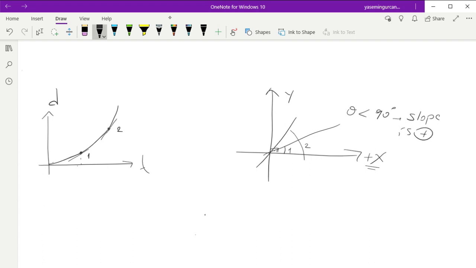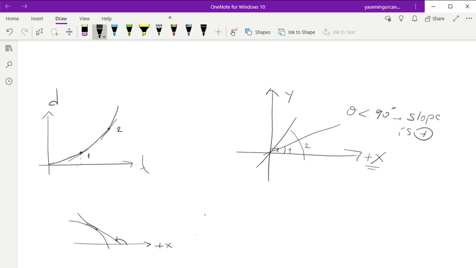If you had a different kind of curvature, something like this, for example, if I draw a tangential line, this one, and draw the x-axis over here, you can see the positive x-axis falls onto this line. And so the angle between this tangential line and the positive x-axis is greater than 90 degrees, right?